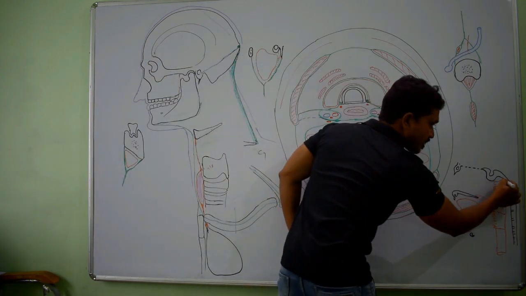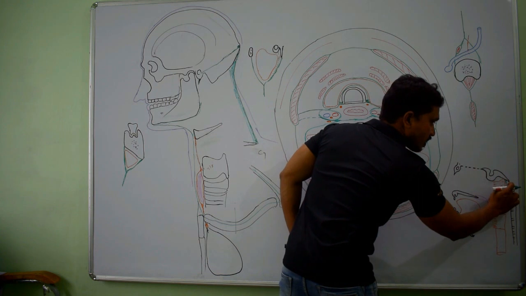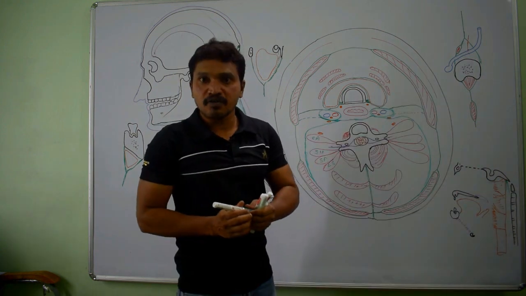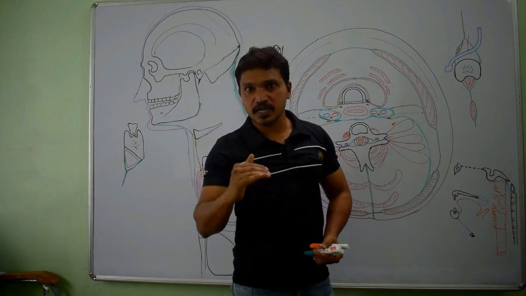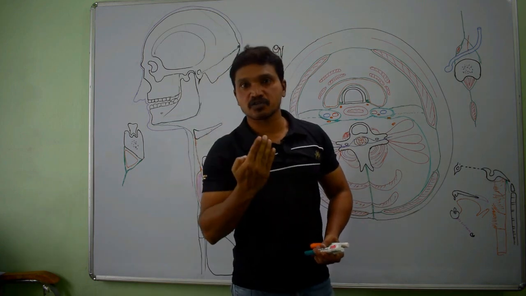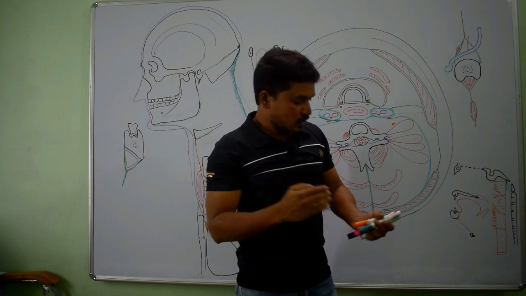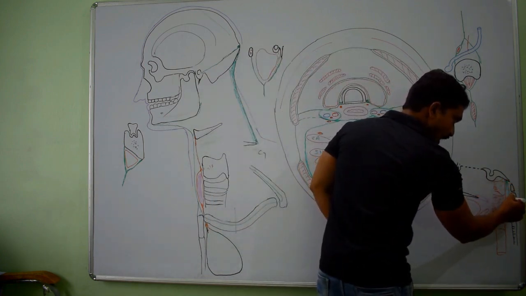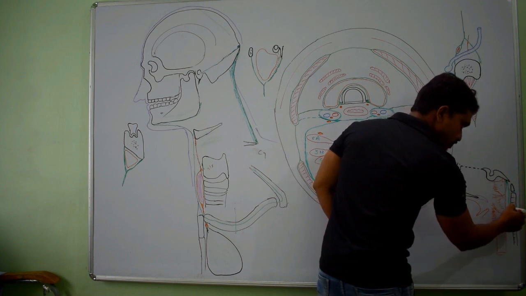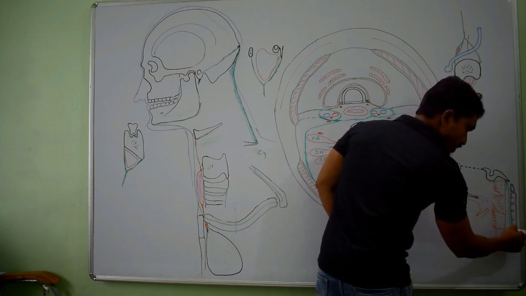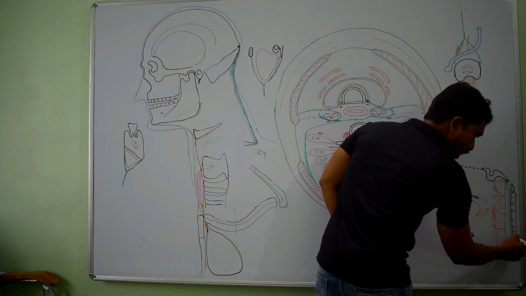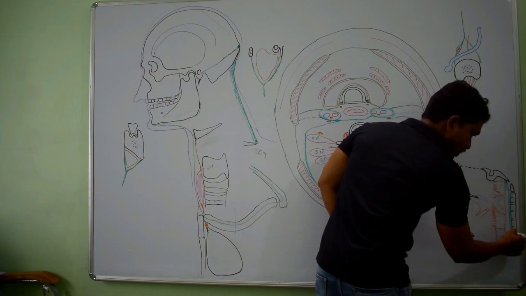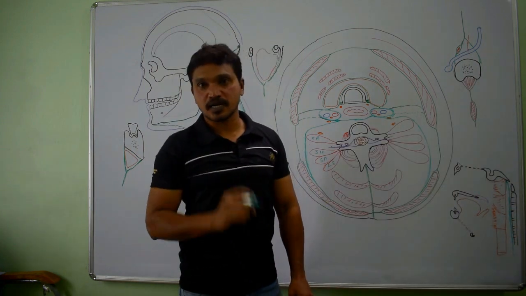Here this is the anterior layer, and here is the posterior layer. We must be aware of it. The anterior surface of the body of the vertebrae will have the anterior longitudinal ligament, right? So this posterior layer will be attaching to the anterior longitudinal ligament of the cervical vertebrae and upper three thoracic vertebrae.